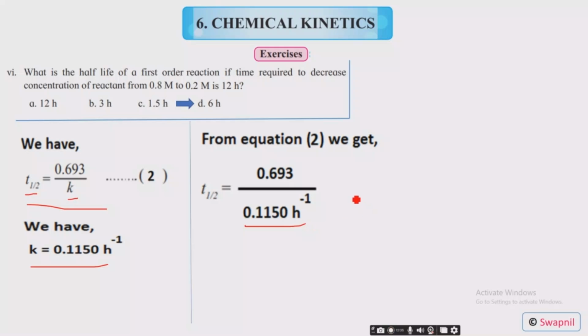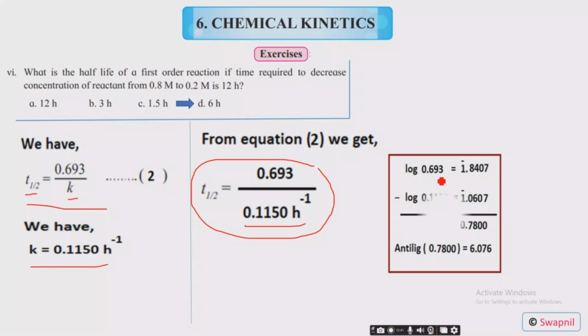Now we do the calculation for this ratio by using logarithm. Again, log of 0.693 is equal to bar 1.8407. Here there is division, so we have to subtract log of 0.1150. Log of 0.1150 is bar 1.0607, and subtracting these two values we get 0.7800.